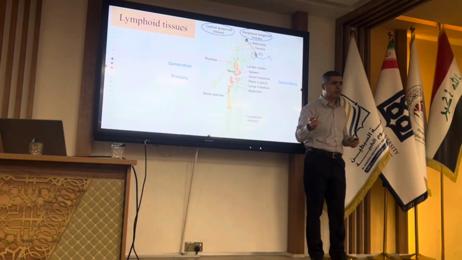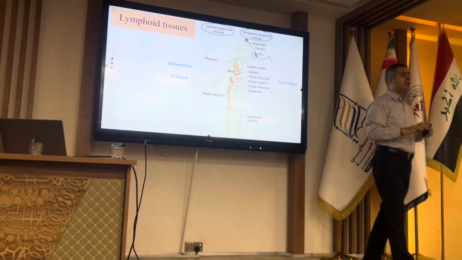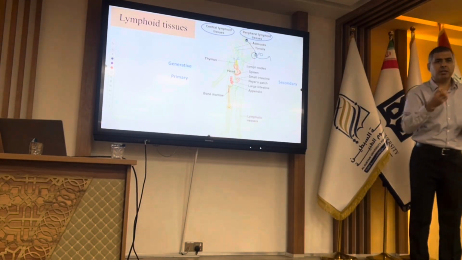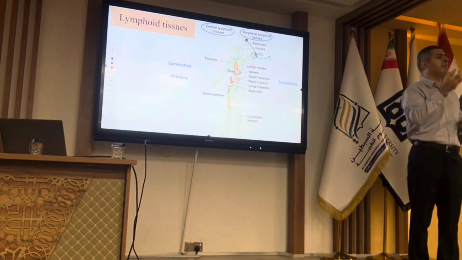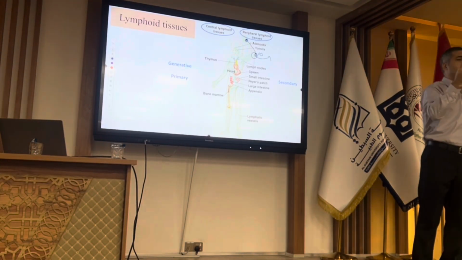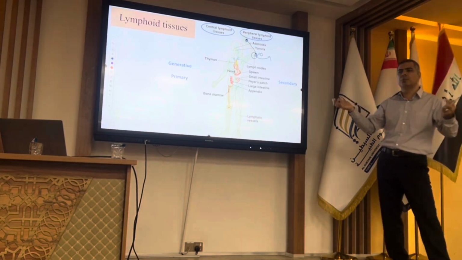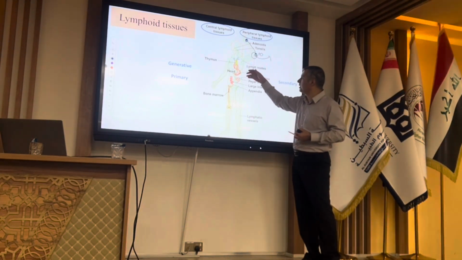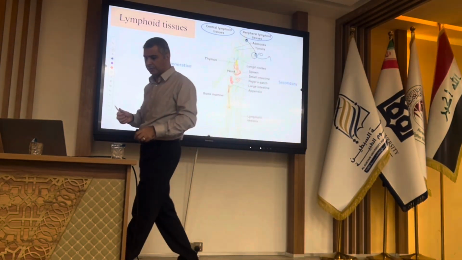Is that clear? So lymphatic vessels are always taking some part of the interstitial fluid in order to sample the tissues for the presence of foreign antigens or abnormal antigens and take the samples toward the lymph nodes.